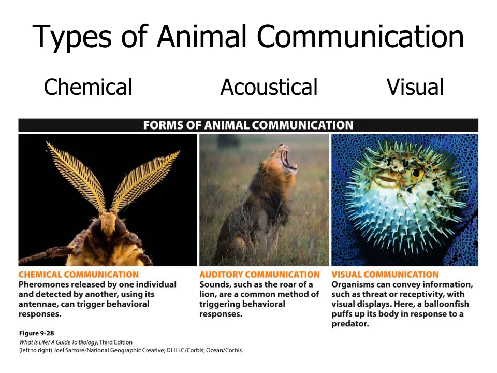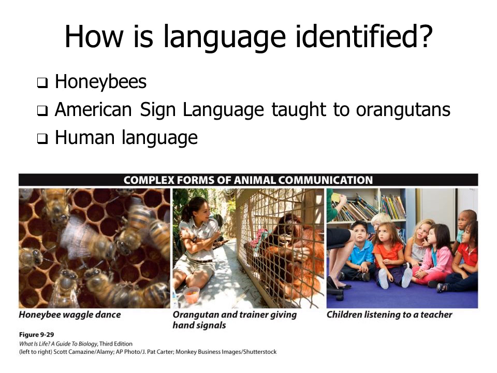So pheromones are released by an individual, that's a chemical, and then detected by another individual that triggers a response. Humans give off pheromones as well. You could have acoustic communication, talking, roaring, barking. You could have visual communication. Here we have a pufferfish puffing up to convey a message like, hey, there's a threat nearby.